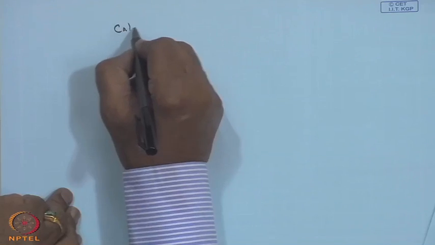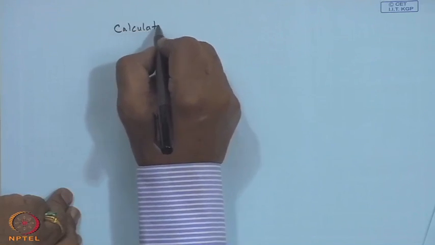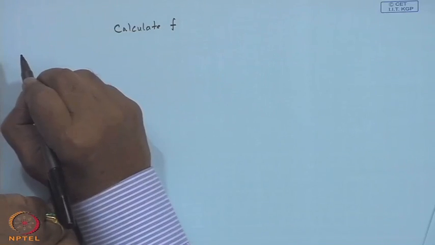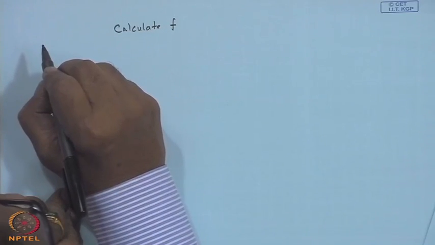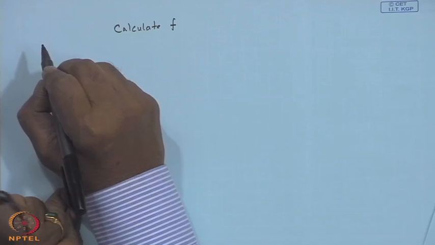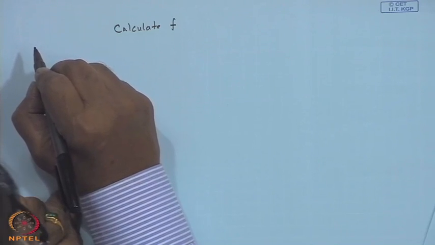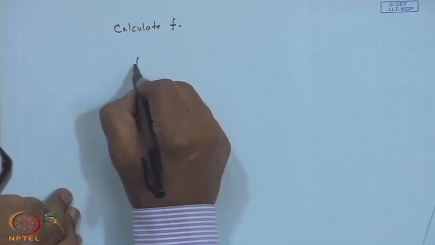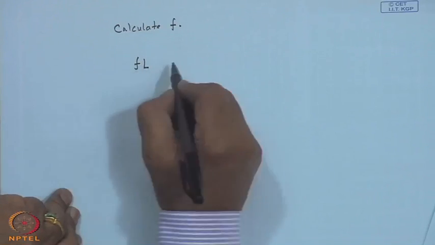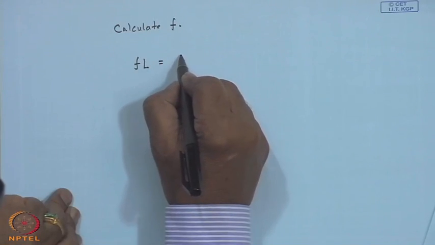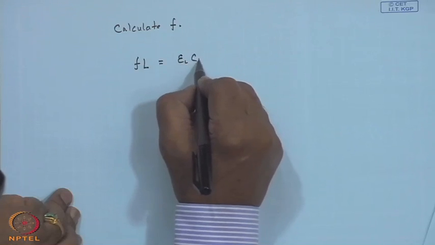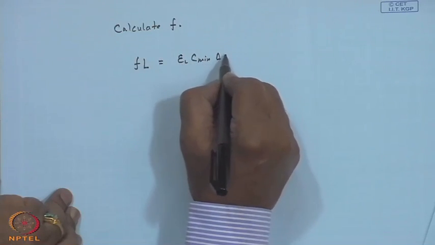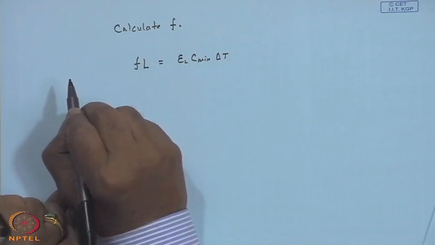calculate solar load fraction, because your non-dimensional critical level has changed, utilizability has changed. So, F will change. If this is F multiplied by L, should be equal to epsilon L C minimum into delta T, correct.